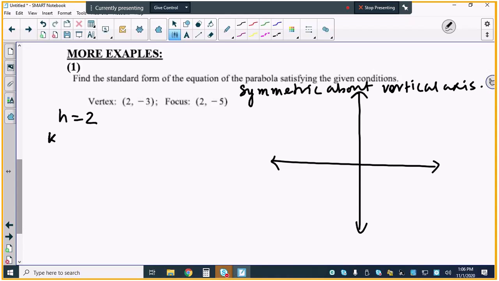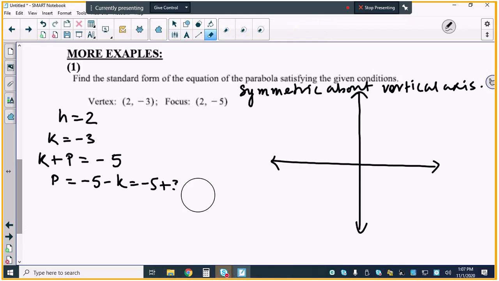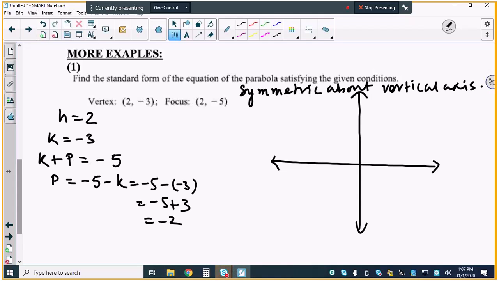Then you can say k is negative 3, that's coming from the vertex, and from the focus, k plus p is equal to negative 5. So p is negative 5 minus k, so negative 5 plus 3, and that's negative 2.